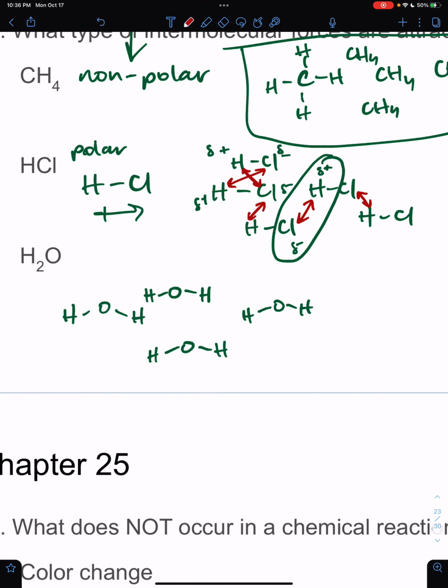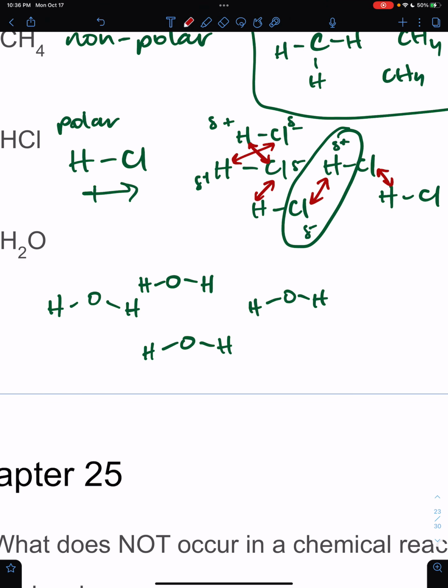On this one, it's going to be the same. The hydrogen is partially positive, the oxygen is partially negative. So the hydrogens are going to be attracted to the oxygens of the other molecule. Like this.